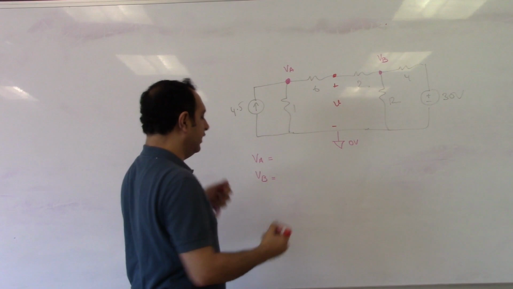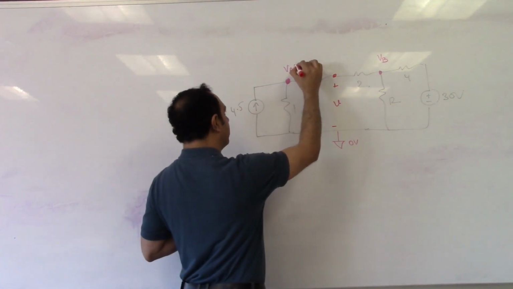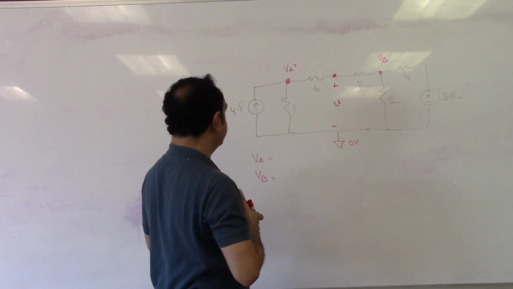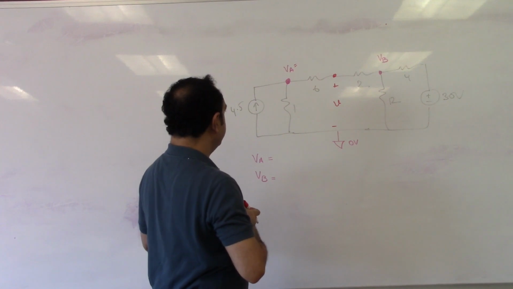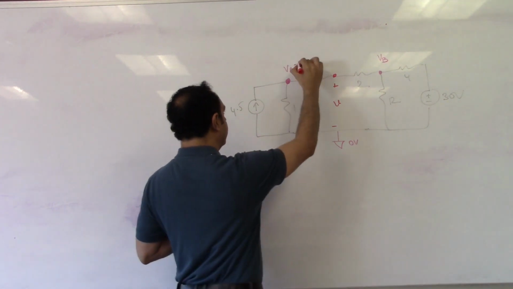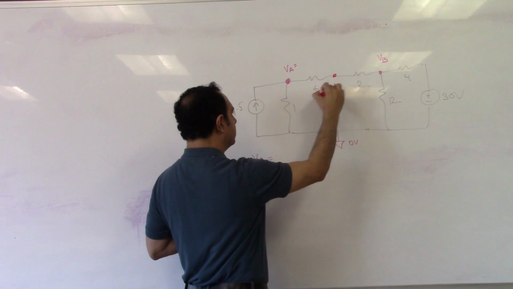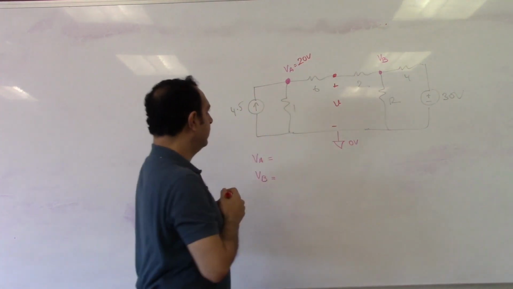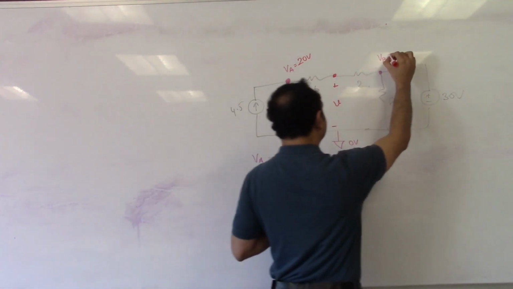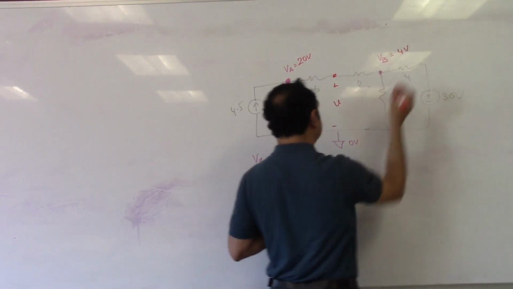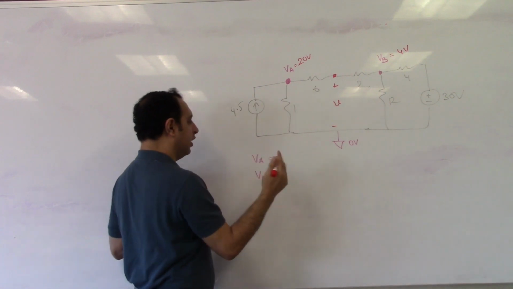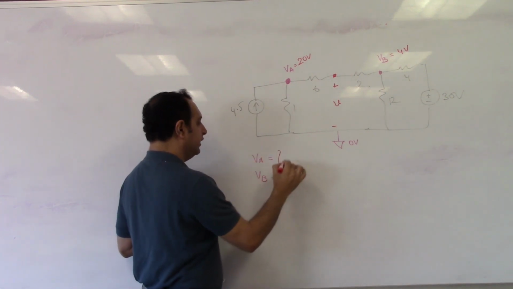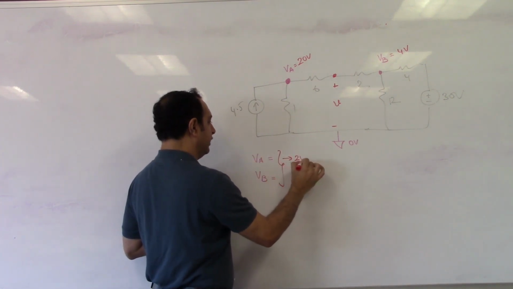Let's assume some values: let's say VA is 20 volts, and let's say VB is 4 volts. As an example, when you solve the node voltage equations, you get approximately these values.